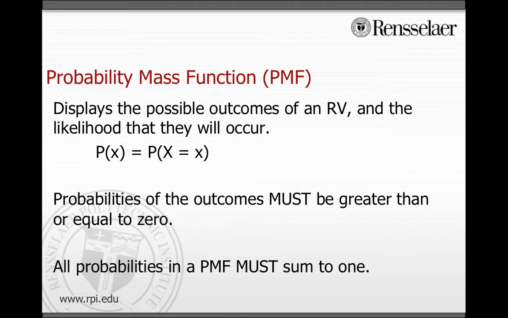A probability of an outcome being 0 would just mean that it's unlikely you would see that outcome during the experiment. The second thing required is that all probabilities in a PMF must sum to 1, which means that you must observe one of the possible outcomes, and generally only one.